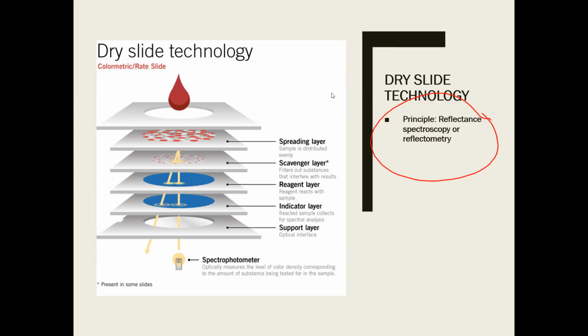Number two, tandaan din po natin that the light beam reflects off the underside of the spreading layer and passes through the reagent and indicator layer, and back through our reagent layers.